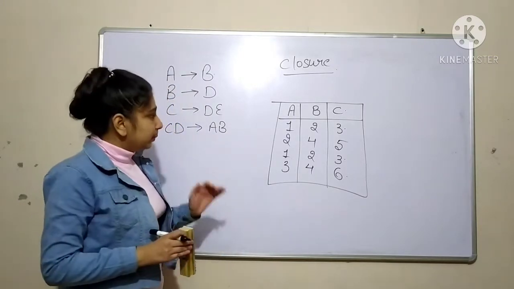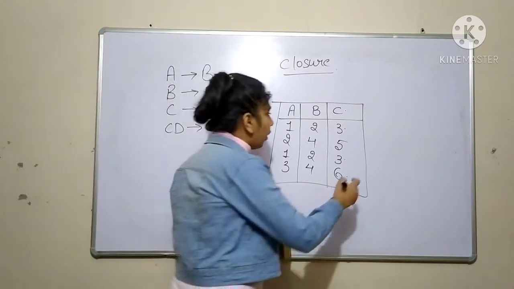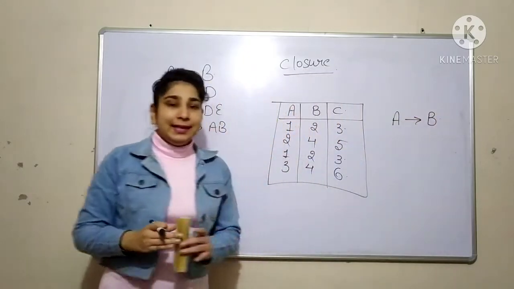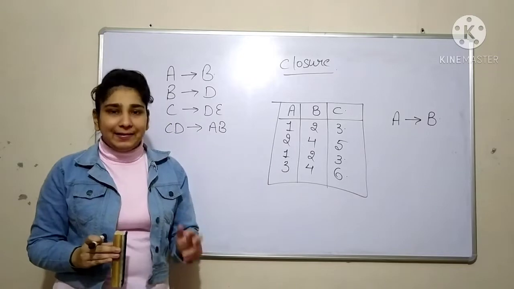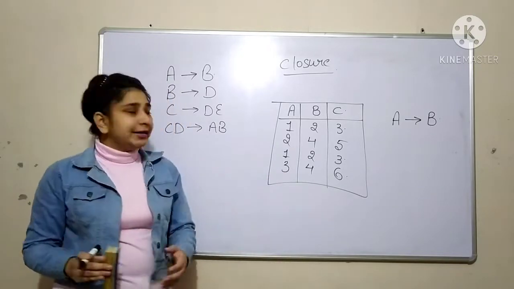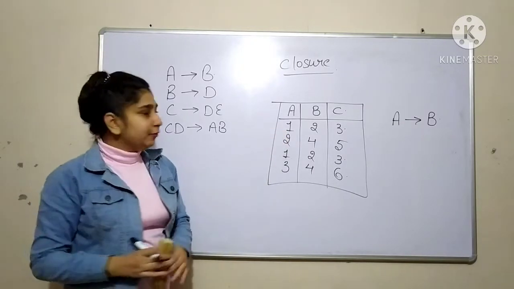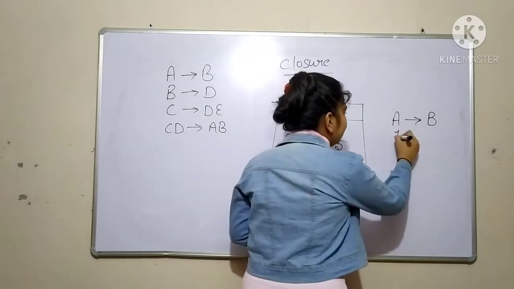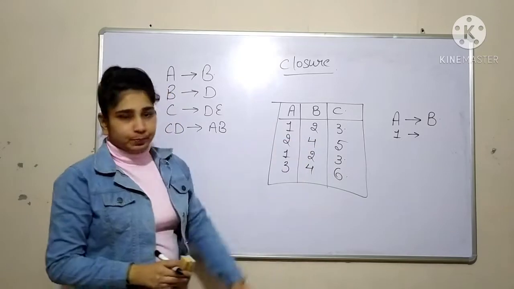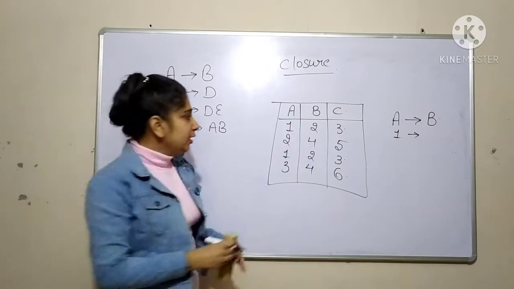Now let's try to find the functional dependency from A to B. If the value of A is 1, what is the value of B we will be getting? 2.